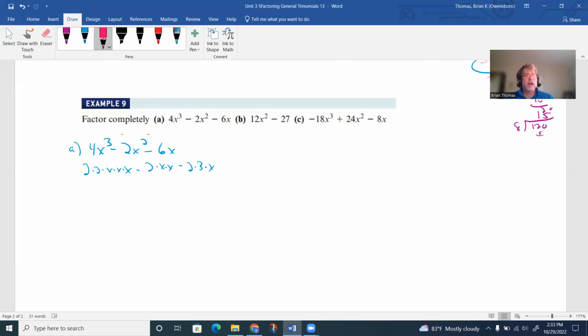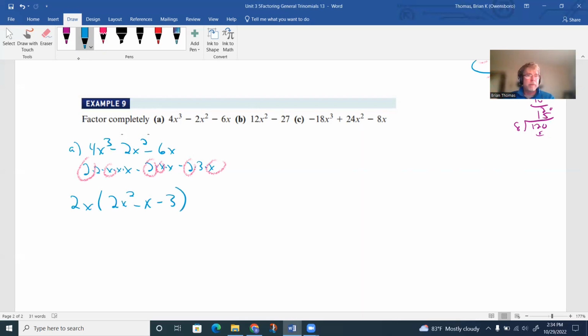Notice how they do have a 2 in common, and they also have an x in common. So my GCF is actually a 2x. So I bring that out, and then the remaining factors are the 2x times x, which is x squared, minus this x, and then minus this 3. It turns into that.